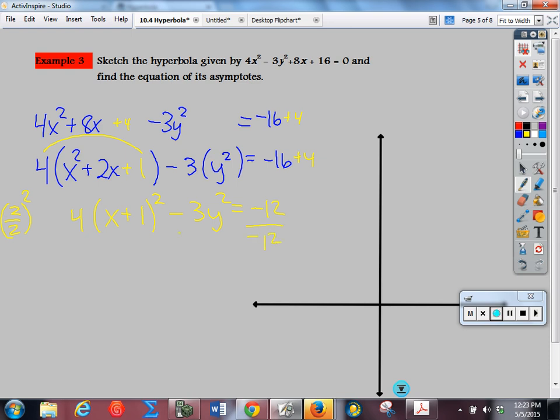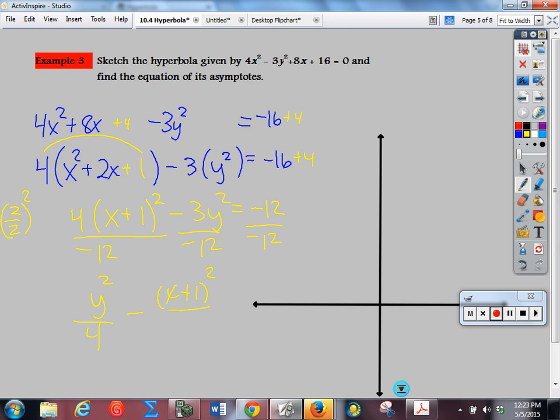Because negative 3 divided by negative 12 is positive. So you have y squared as the positive part, so I'm going to write that one first. y squared over 4. And then this part becomes a negative: minus x plus 1 squared over 12, not 12, 3.